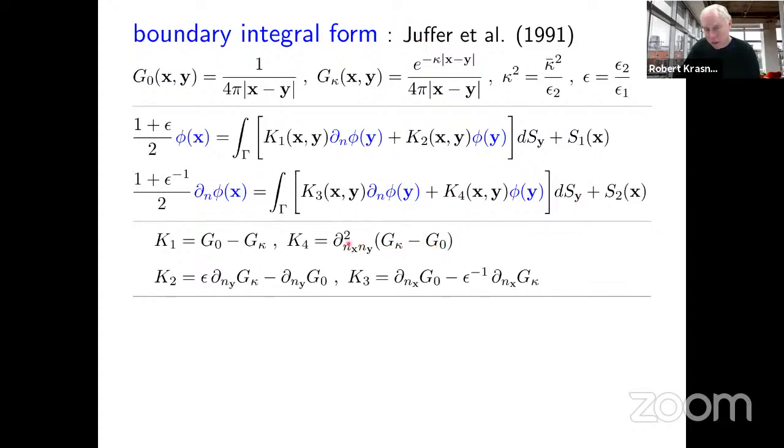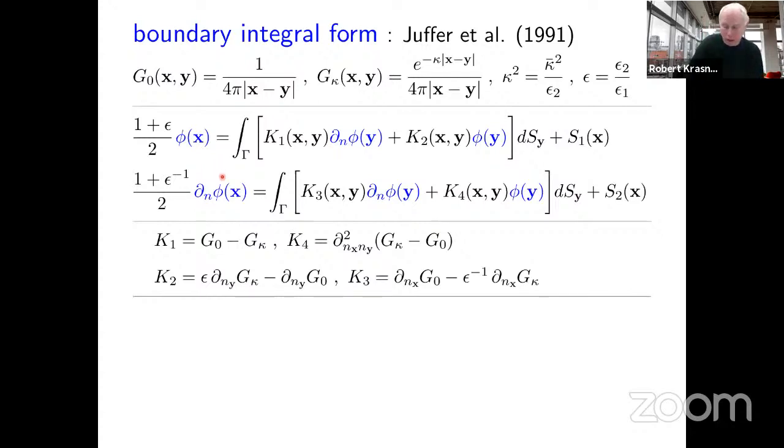So even though it's the second normal derivative, the difference weakens the singularity that would be present without it. And it's that property, together with the form of these equations, these are second kind equations, that gives a very good form. They give well-conditioned numerical methods.